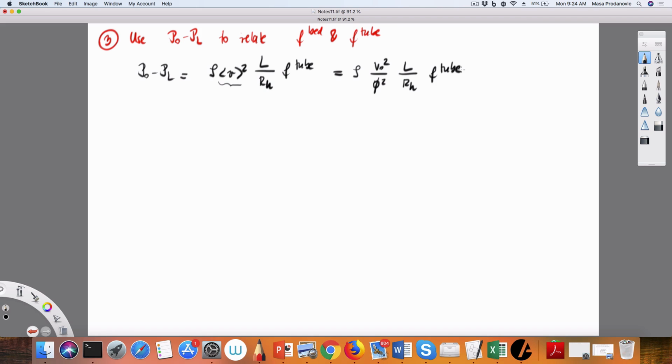So that is the first definition, and in the second, this is also equal to 1/2 rho V0 squared times 4L over dP times F bed.